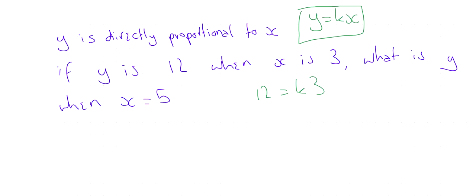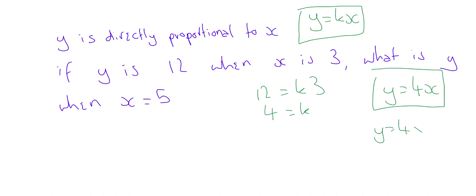Good, k is obviously 4. Then I'm being asked, what is y? So the equation is y equals 4x, correct? Now what is y when x is 5? Sorry, why did I say 3? So that means y is 20 when x is 5. Make sense?